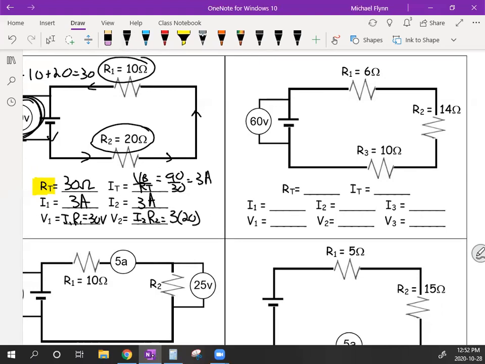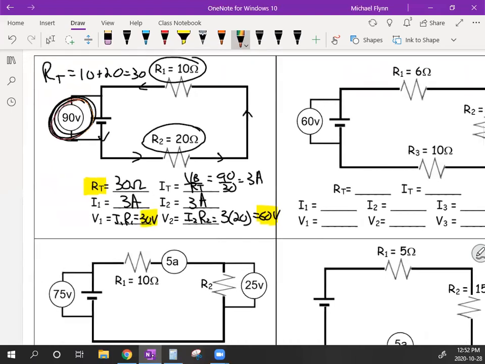That gives me 60 volts. And my total voltage is 90 because 30 plus 60 equals 90, which is the battery voltage up here. And it's got to work out that way. All right, so that's how you do it with a series circuit.